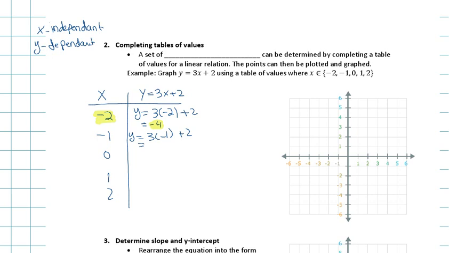Plus 2 is -1. So x equals -1, y equals -1.